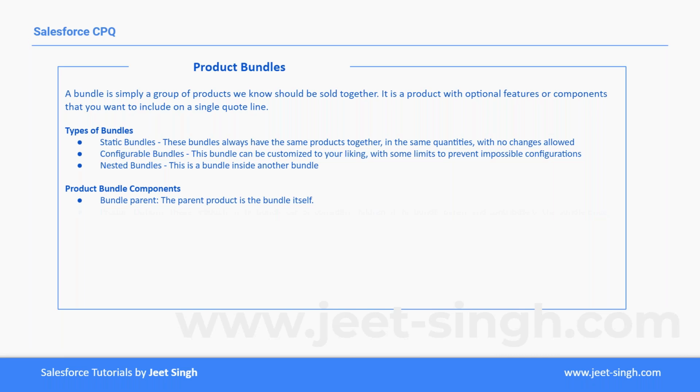So what is the other component? The other component that we have in a product bundle is the product option. Okay, so now what is this product option thing? Product option is basically the products which are sold with the parent product, which are available as options.